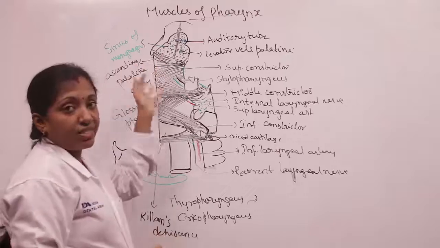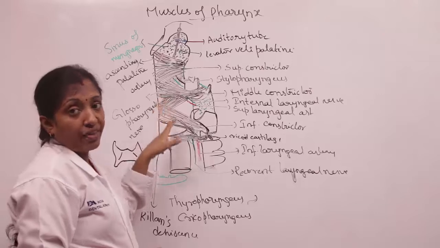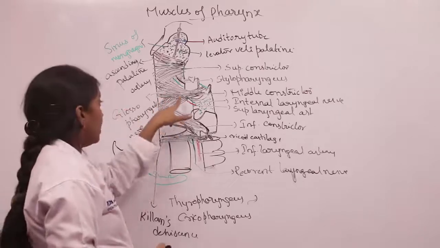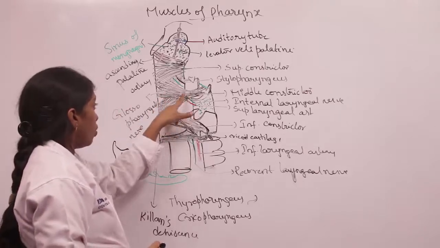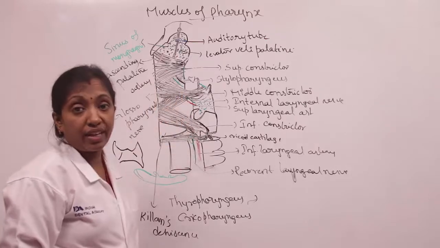Like the other constrictor muscles, it is also inserted to the median raphe on the posterior wall of the pharynx. Here the lowest fibers of the middle constrictor are overlapped by the upper fibers of the inferior constrictor.